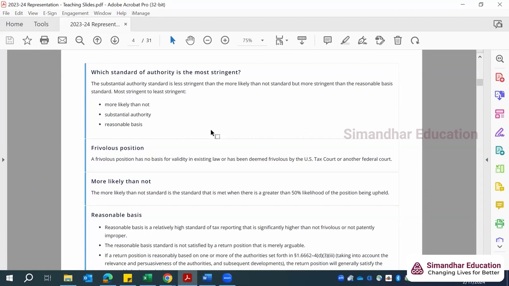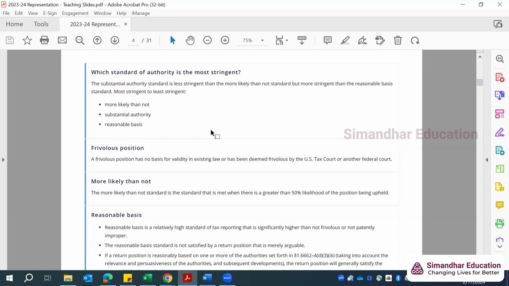Now, if that person is, let's say, from India or from Pakistan or from any other country, and they claim after working in the United States for 3 years that they should not be subject to taxation in the United States because they are residents or citizens of a different country, then that's a frivolous position.